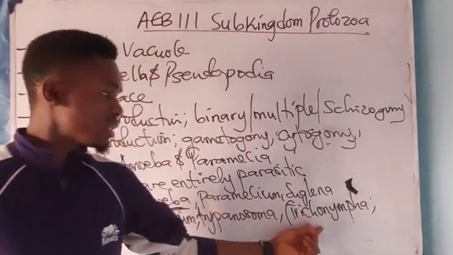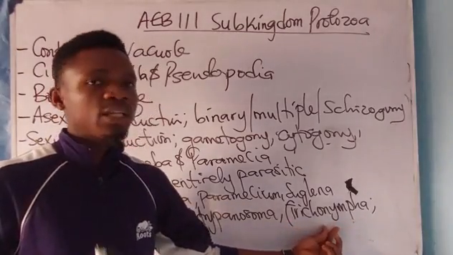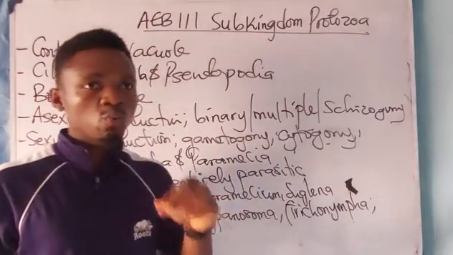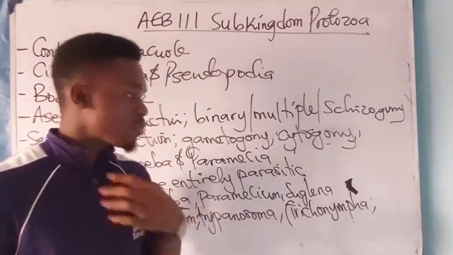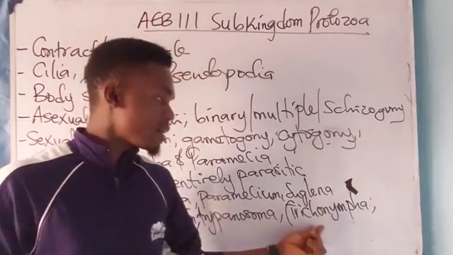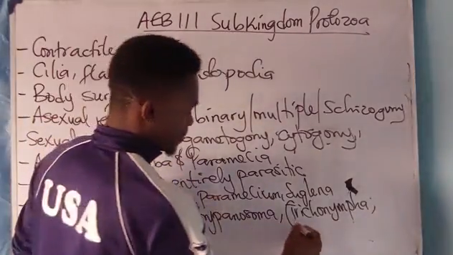Actually, they are not parasitic. What they do is they exhibit a symbiotic association with termites. They help in breaking down the wood or cellulose present in their rectum or in their stomach. That is the function of Trichonympha.